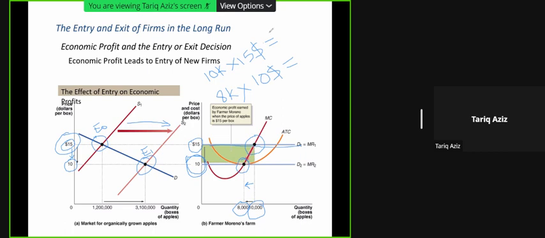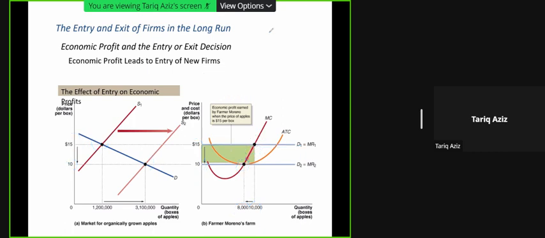So it is beneficial if there are fewer players in a particular industry, because the entry of new firms reduces the economic profit of the firm. The prices also reduce, and the profit of every firm actually reduces because of competition.